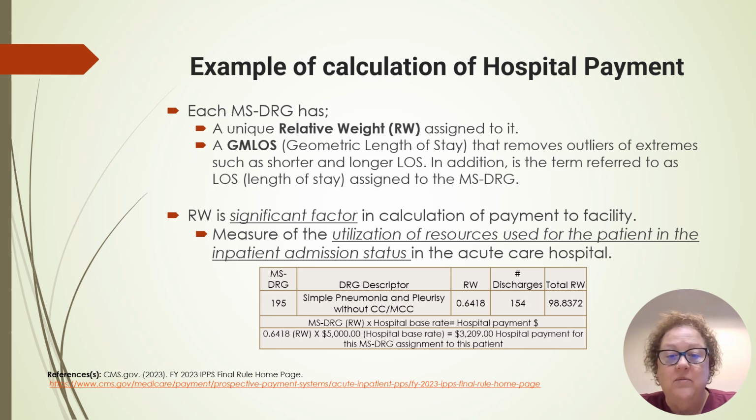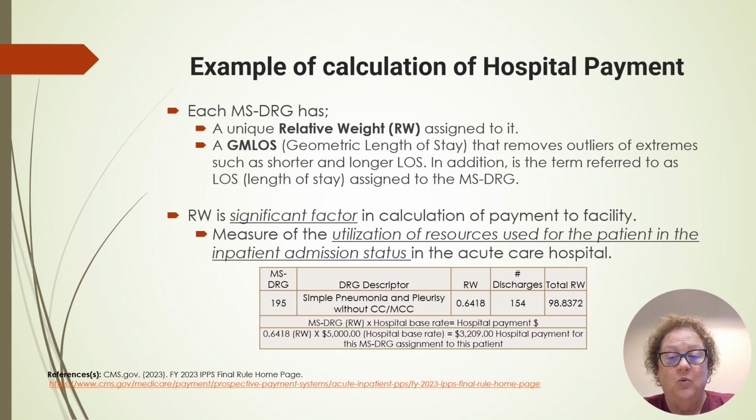Let's just say for 1 month on a med-surg unit. That's a pretty common diagnosis. That gives a total relative weight of 98.8372. And that relative weight of 0.6418 times a hospital-based payment rate that I picked out of the blue of $5,000 equals $3,209.00 for the payment of one of those patients.